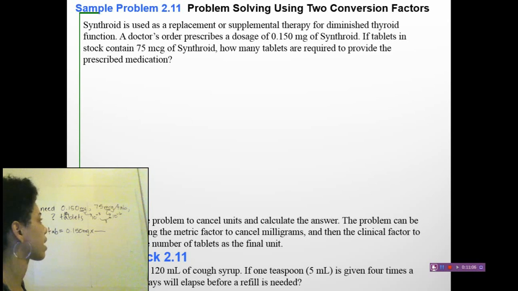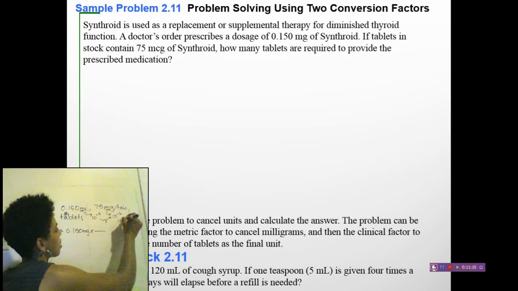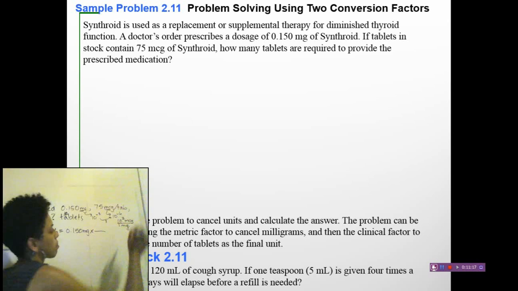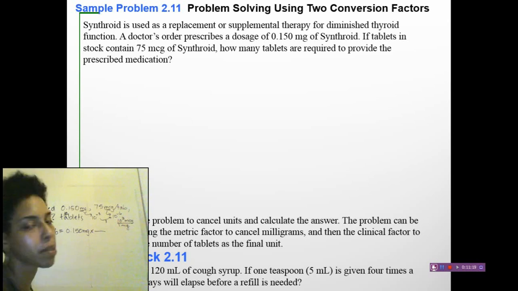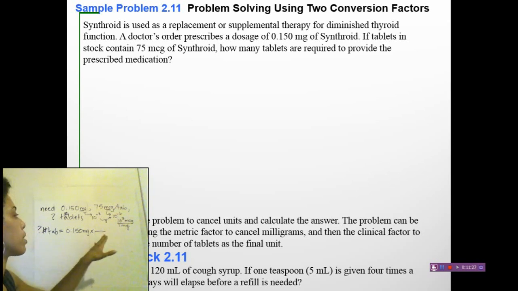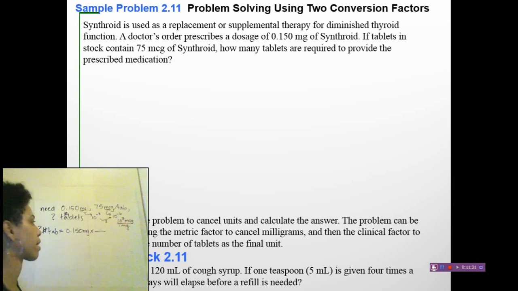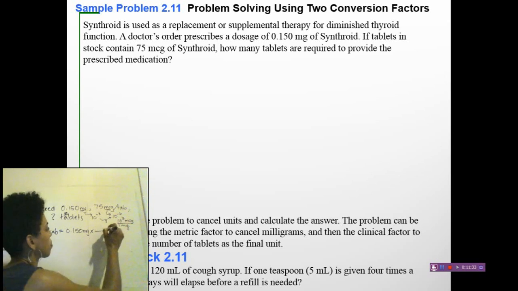So I can say that there are 10 to the 3 micrograms in 1 milligram. Why do I say 10 to the 3 micrograms? Because the micrograms are smaller and I need more of those to make up the milligrams. All right, so here's my conversion, but I want it so that I can get micrograms because my tablets are in micrograms. So I'm going to put micrograms on top and milligrams on the bottom.